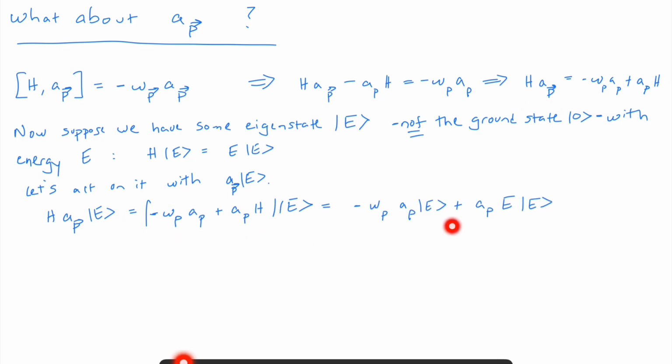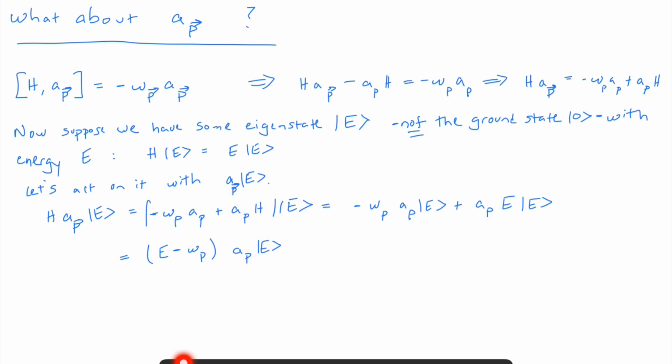And just keep expanding things out. I distribute this out throughout. Remember, this is where I use H applied to E. By definition, since E is an eigenstate of H, I just get E back multiplied by its energy value E, and then I can commute these two things with respect to each other, because one is a number and the other is an operator, and I can just factor that out.